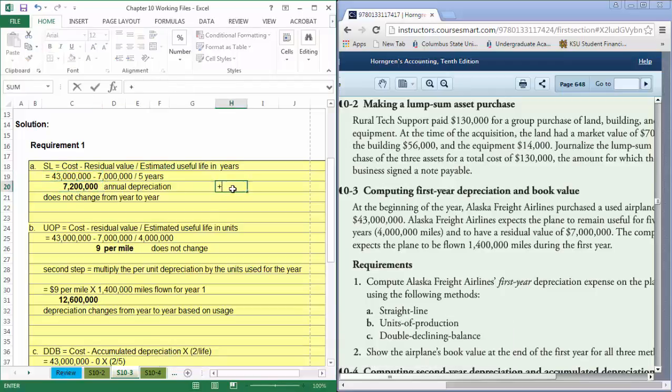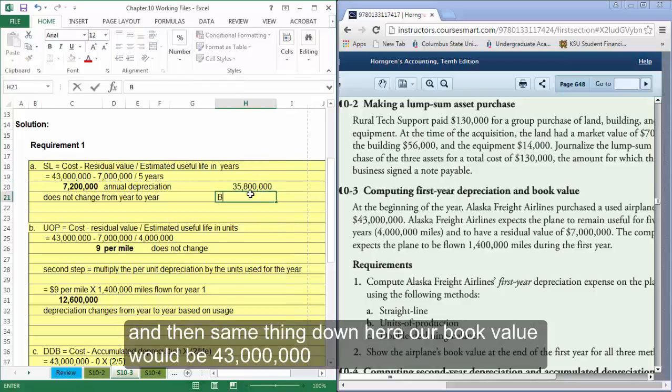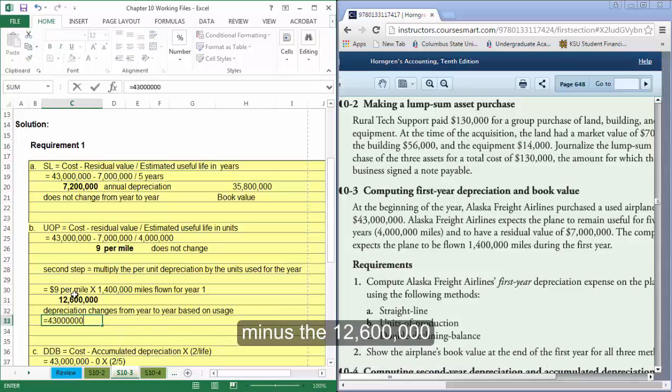The same thing here: 43 million minus the 12,600,000.